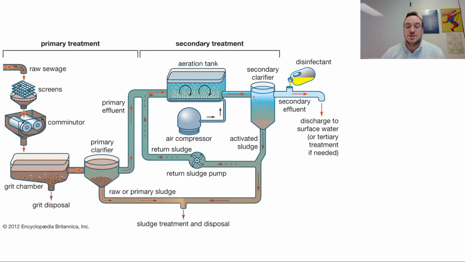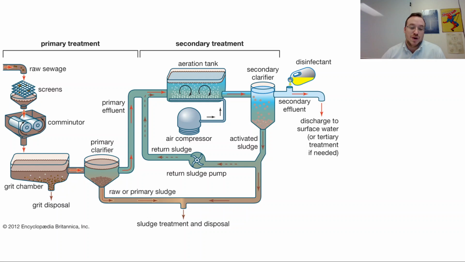Secondary is using chemicals or using biotic factors like bacteria and algae to clean the liquid part of the water so that it's back to fresh water that is potable. You can drink it.